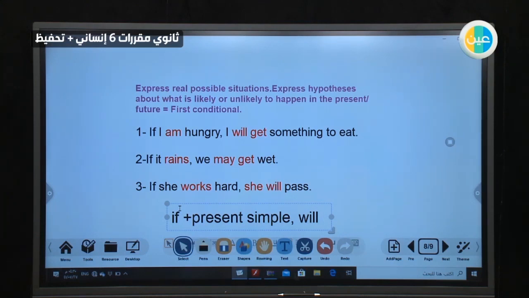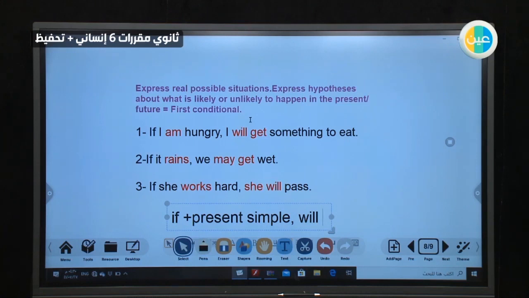Or if she works hard, she can pass. So this is the first conditional rule. Here you express a real possible situation. It means it's likely or unlikely to happen in the present or future. It is a real possible situation.